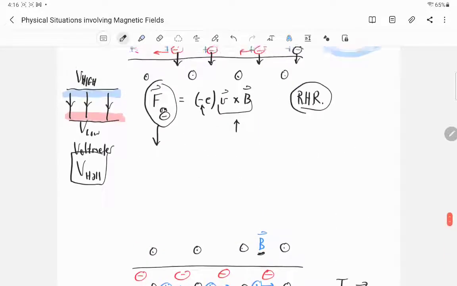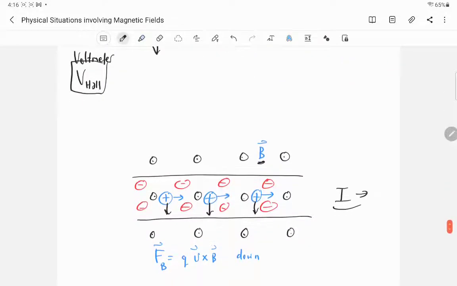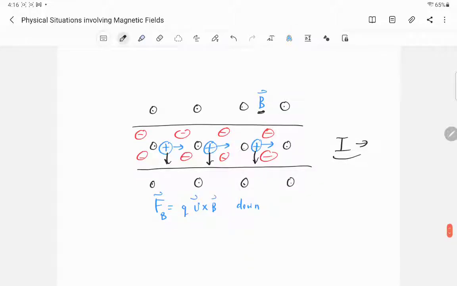What's interesting is that's the same direction that the electrons were pressed. So the electrons were pressed down, which caused a negative charge on the bottom and a positive charge on the top. But now in this assumed scenario, what I get instead is the positive charge is pressed downwards.